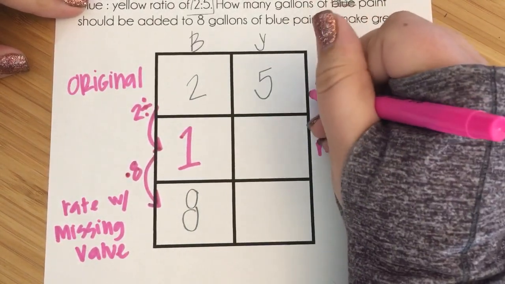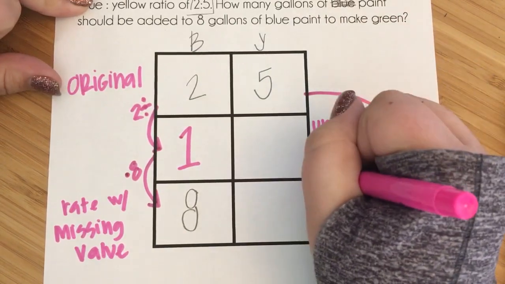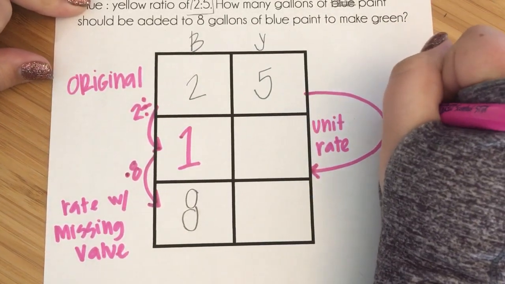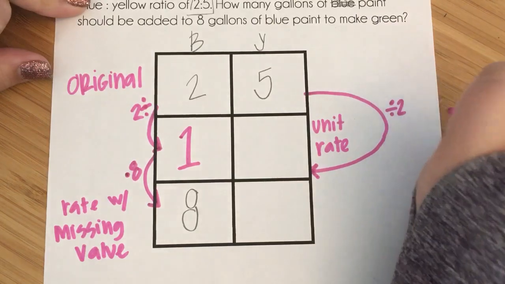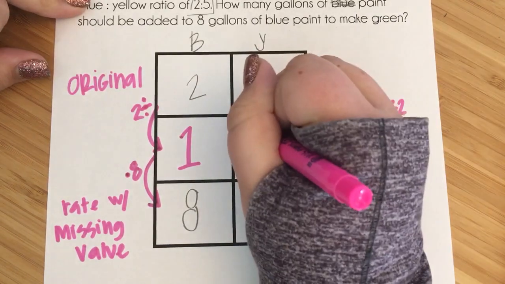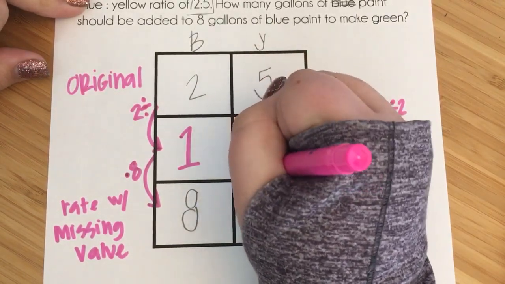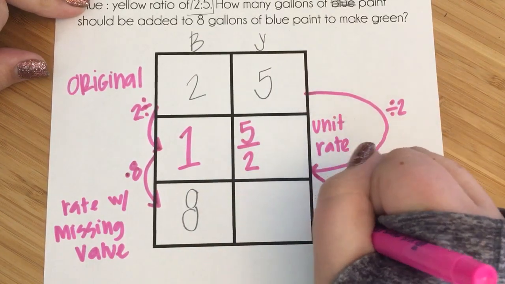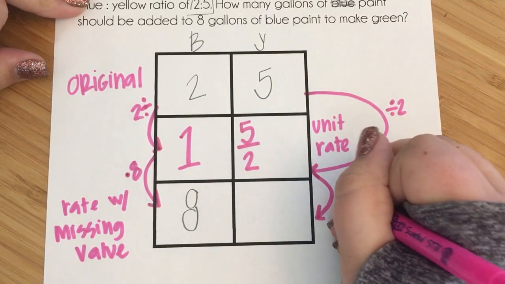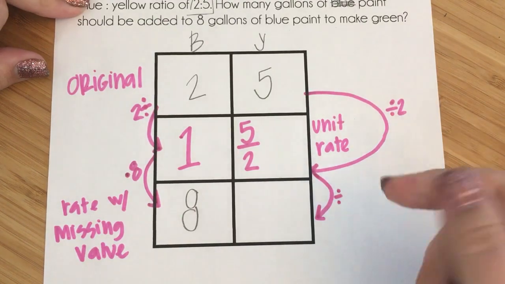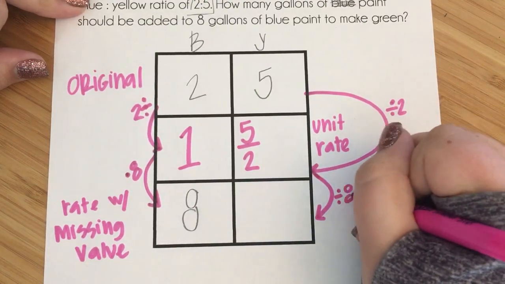I divide by 2. 5 divided by 2 is like saying 5 over 2. 5 over 2. Then I multiply by 8. And I get 40 over 2.